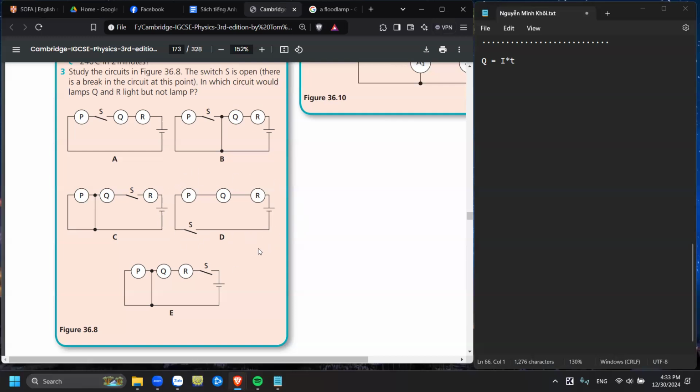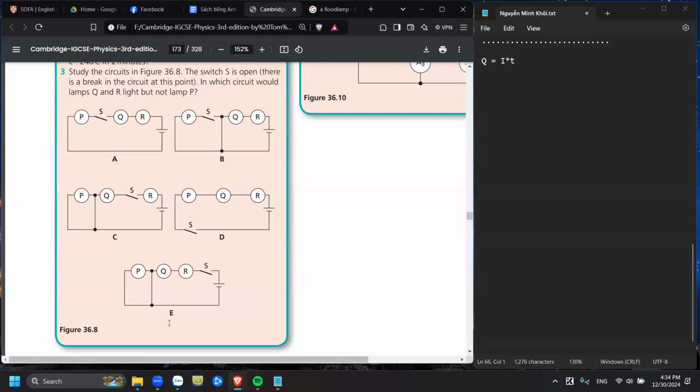Remember, the circuit must be closed and the current must have an exit to go back to the battery. Otherwise, there won't be any circuit at all. Otherwise, there won't be any current at all. Okay?